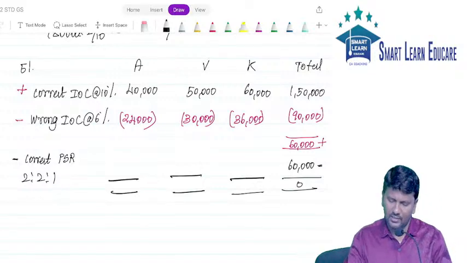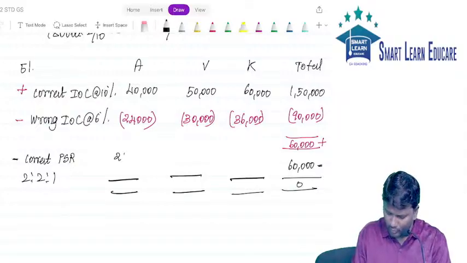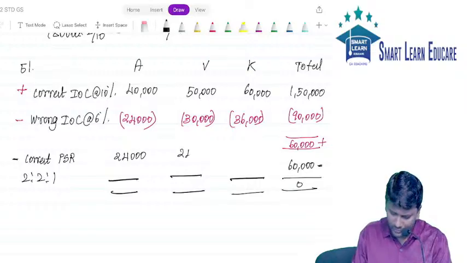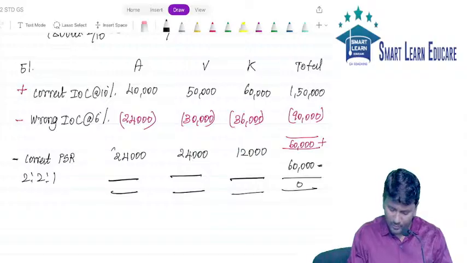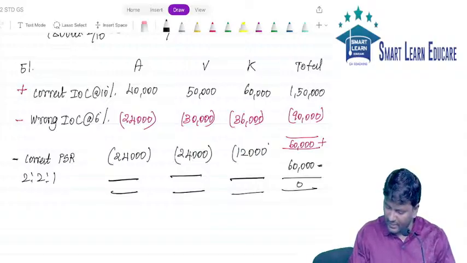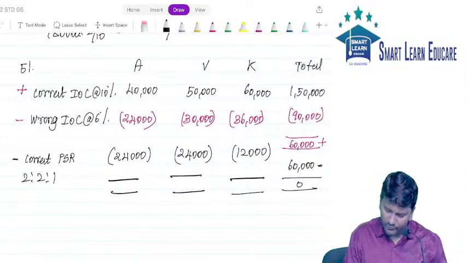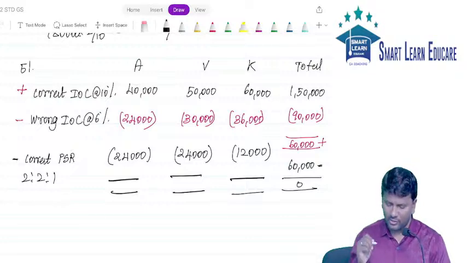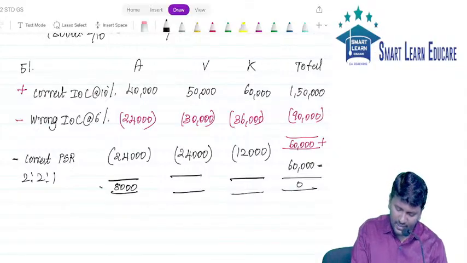Dividing 60,000 at 2:2:1: 60,000 divided by 5 is 12,000. 12,000 into 2 is 24,000, then again 24,000, next 12,000. Now be careful. First the minus numbers should be added. 24 plus 24 is 48, plus 40, so it is minus 8,000.